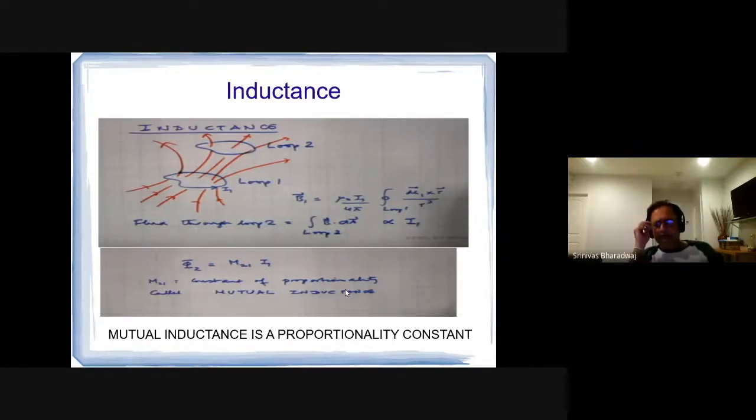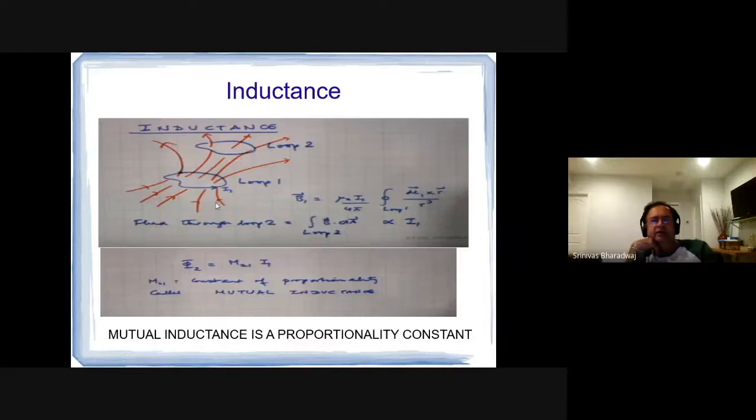Now, the flux that is induced, there is this thing called mutual inductance, M, right? The flux that is generated is proportional to the current on the other side. The mutual inductance is a constant of proportionality which relates the current on one side to the flux produced on the other side. So phi 2 equals M21 times I1.